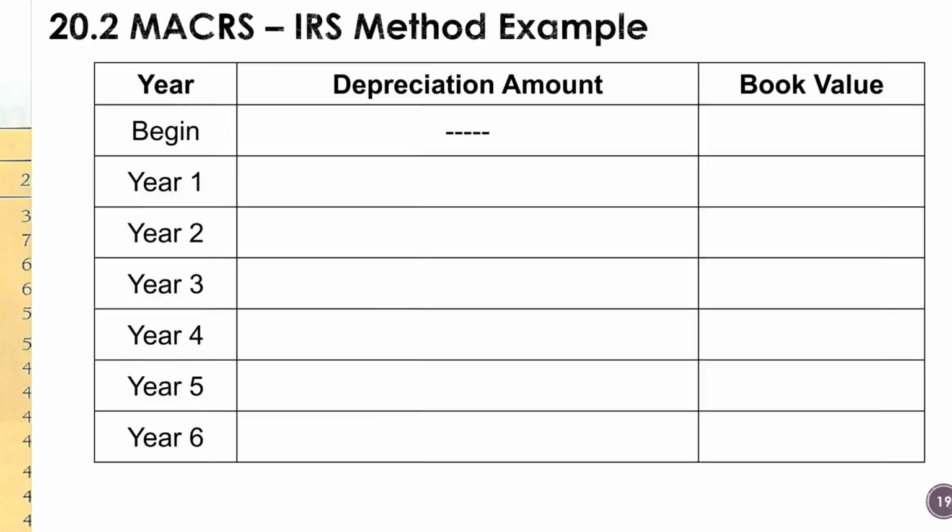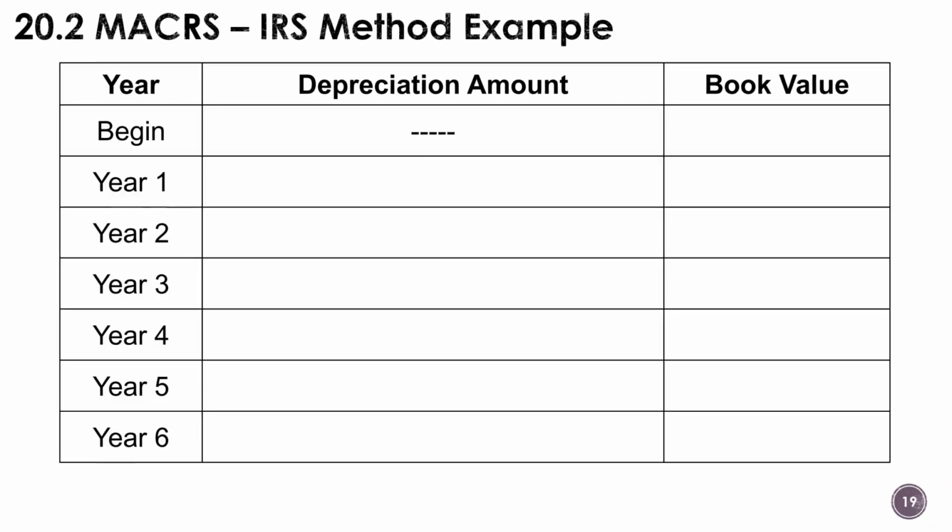Okay, so here we go. We start out with the same book value of $16,000. And an interesting thing on this, and I said this at some point, or it was in the notes, we use $16,000 to calculate every single one of these. So I'm just going to go ahead and write it in.